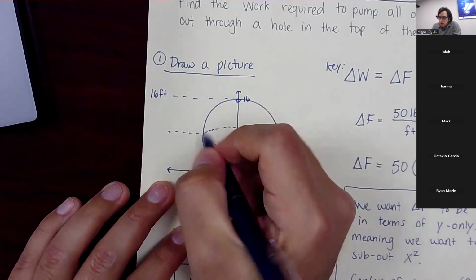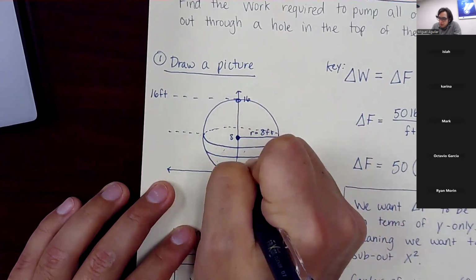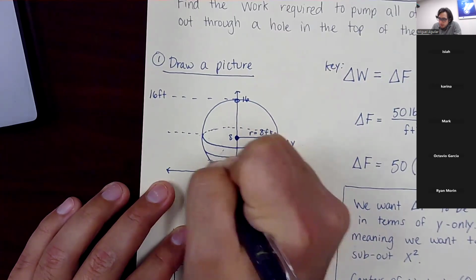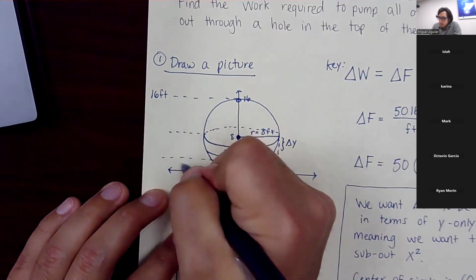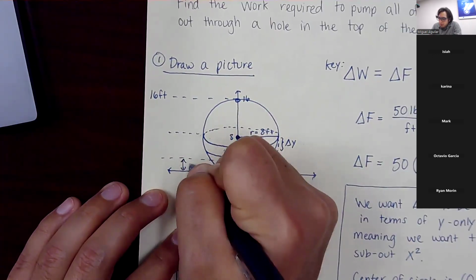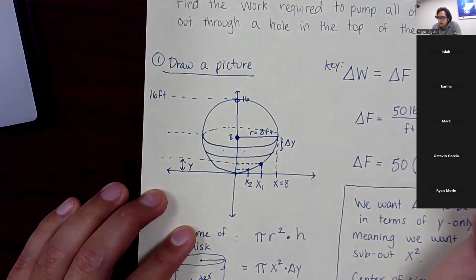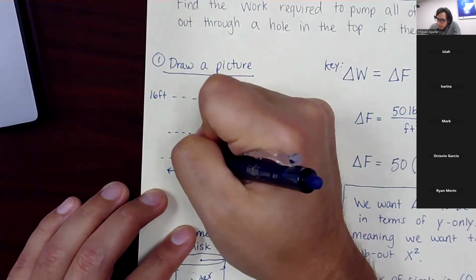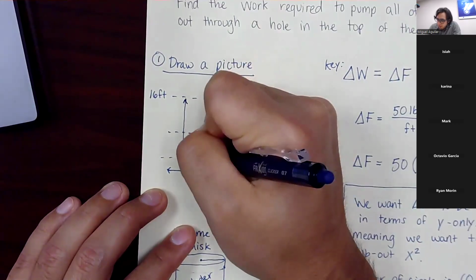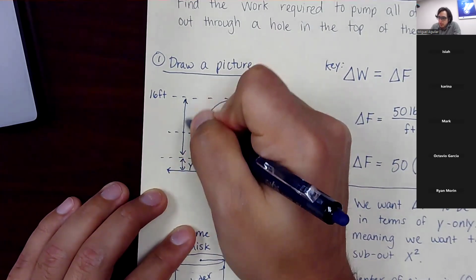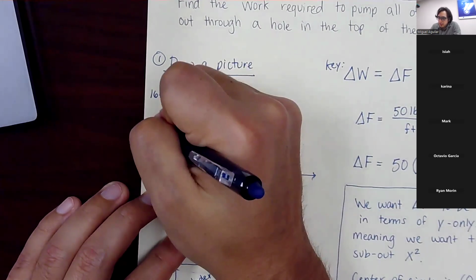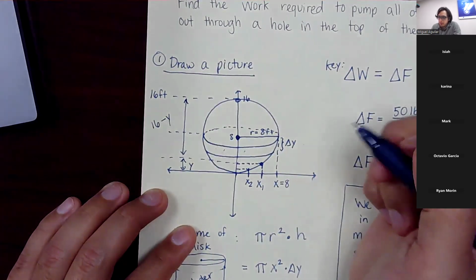But we need to think about all of the different layers. So like if I chose a layer of oil here, somewhere at the bottom, then this distance is represented by y. And the remaining distance from some given y value that needs to be traveled is going to be the 16 minus y.